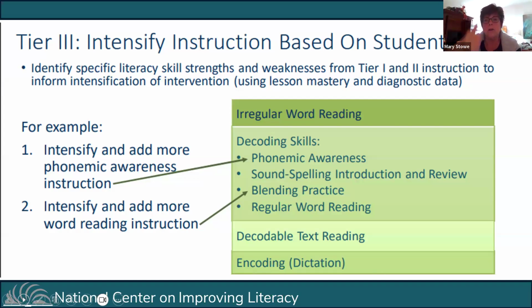So we may orthographically map sounds, phonemes to graphemes, but then we're going to blend them together as well and do a little bit more work there. Again, we're going to use data to determine once a student has been able to accomplish that piece.